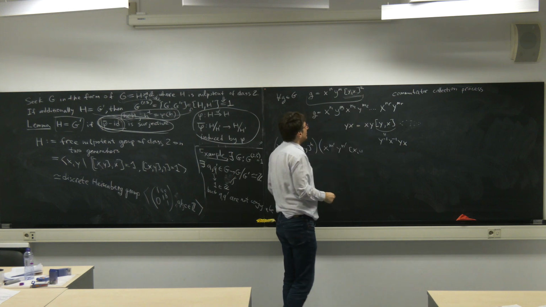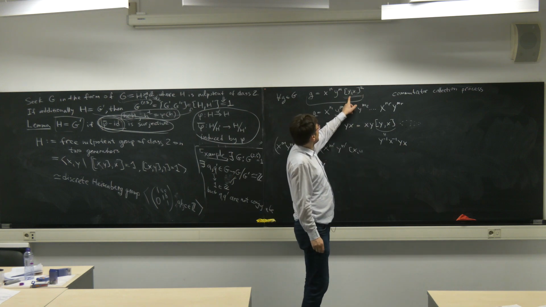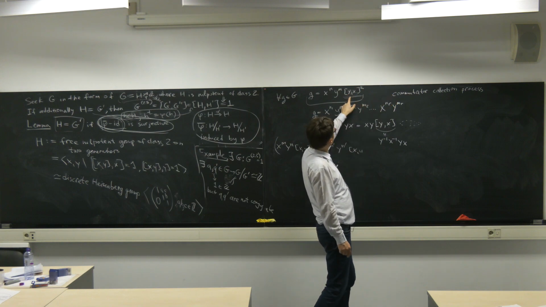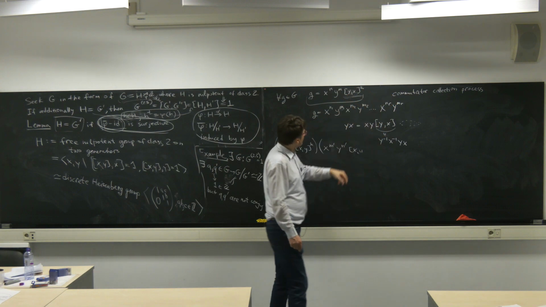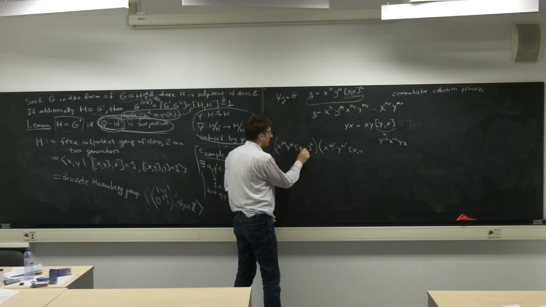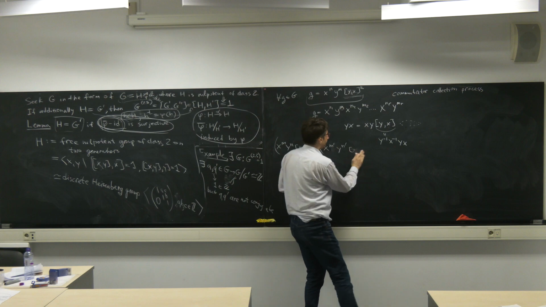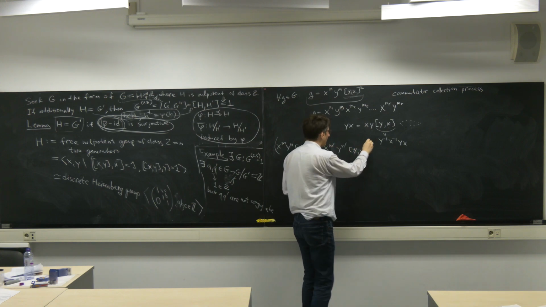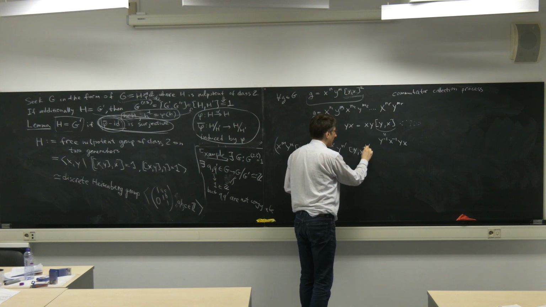It is not really important, but this is how it works in this basis. So this one is the basic commutator, and xy is not the basic commutator. So I prefer to use yx.